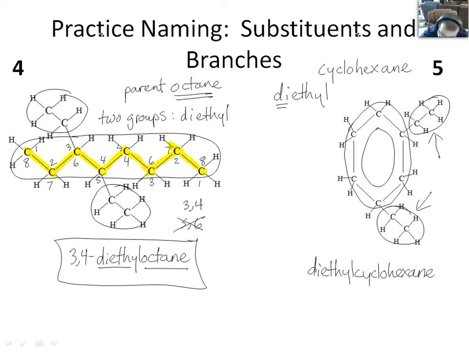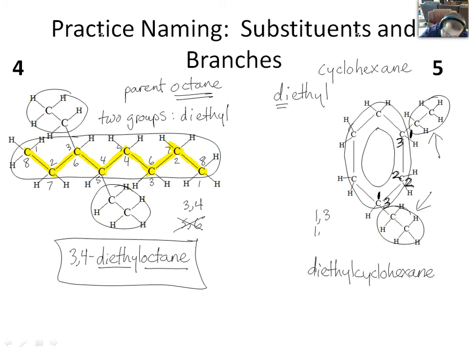Alright, numbering. It's best to start numbering where you've got something hanging off of the ring, so I could number this 1, 2, 3, going counterclockwise around the ring. That would give me position numbers of 1 and 3. Or I could number this 1, going clockwise, 2, 3.